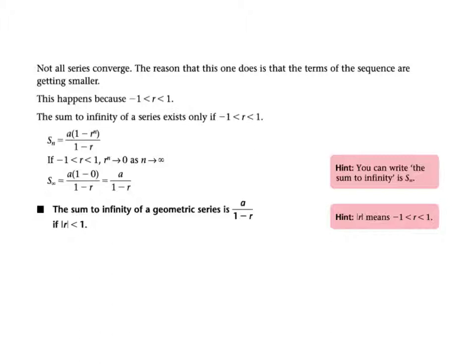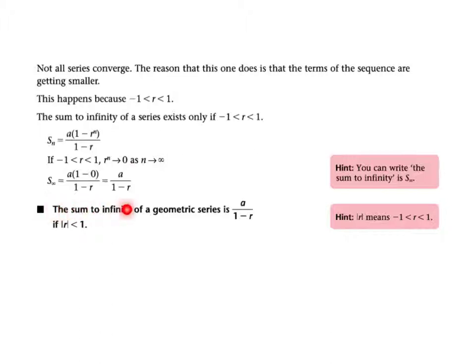The reason behind this is, if we take our formula for Sn and substitute a value between -1 and 1 for r, we find that r to the n tends to 0 as n tends to infinity. For example, a half to the power of a million is a very, very small number, so it vanishes. So when we put it in here, r to the n equals 0 if n is infinity, and the top of the fraction simply becomes a.